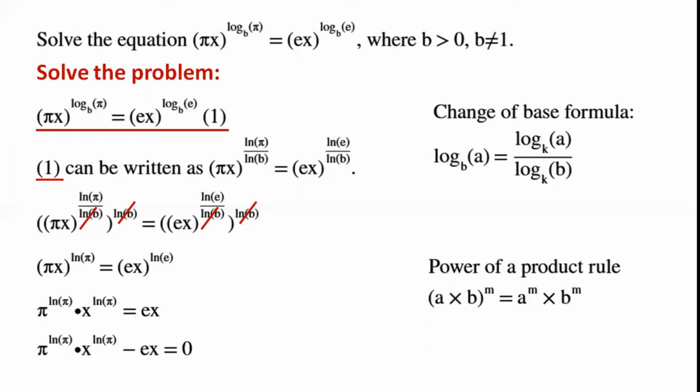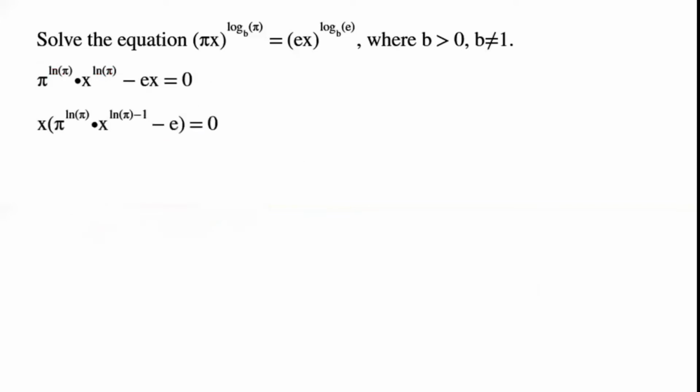By rearranging the equation, π^(ln π) x^(ln π) minus e x equals 0. By factorizing, x times (π^(ln π) x^(ln π − 1) − e) equals 0.